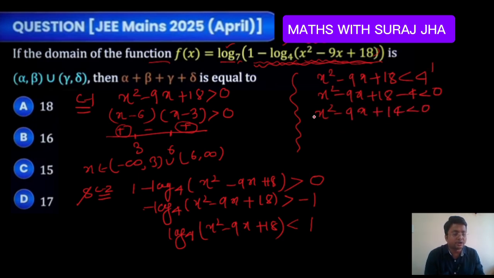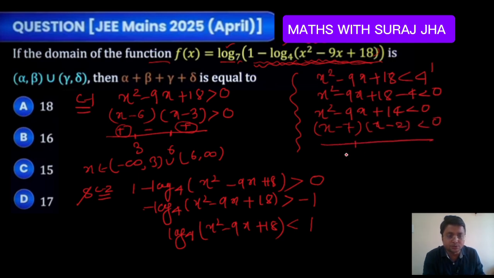Again you can apply the method of intervals. Directly we can write (x minus 7)(x minus 2) less than 0. Draw the number line and put the critical points, which are 2 and 7. Plus, minus, plus.